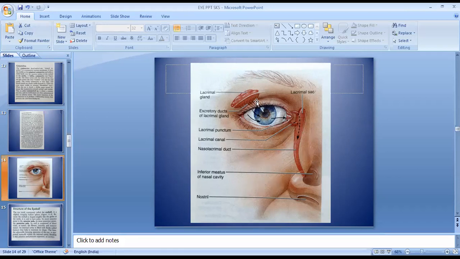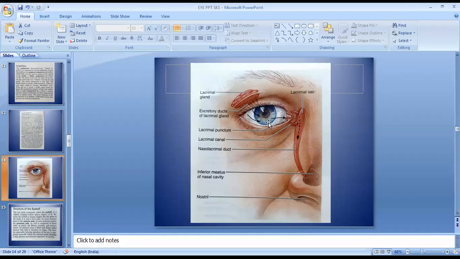Okay, and if it is produced in excess amount, which cannot pass through this lacrimal canal, then it spills over as tears. Okay, so during some emotions or any kind of inflammation, if excess lacrimal secretion occurs, then it just spills off. Otherwise, continuously it is getting secreted.